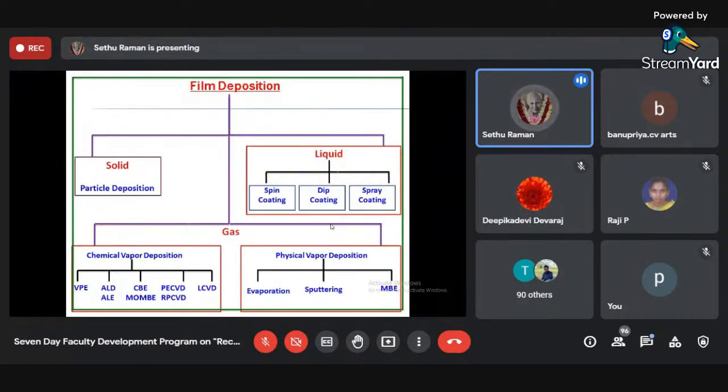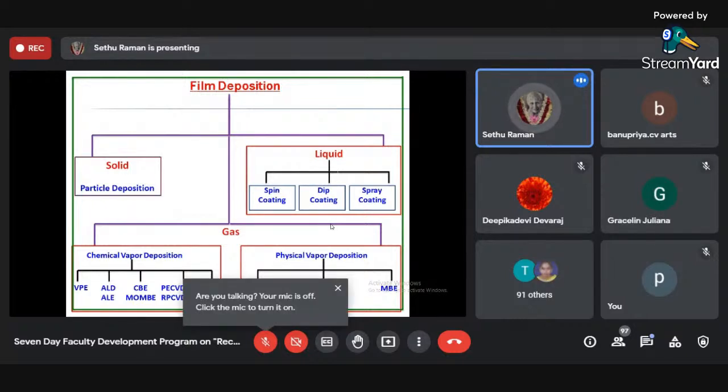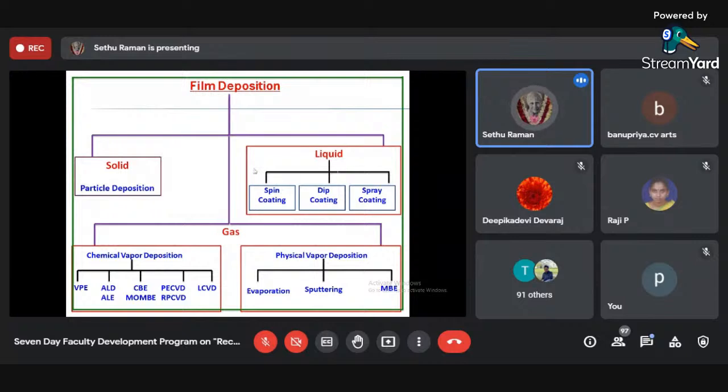Maybe we will see how to prepare thin films by a simple solution technique. Film deposition by liquid-to-film conversion uses spin coating, dip coating, and spray coating, while gas-phase to solid-phase conversions are chemical vapor deposition and physical vapor deposition.